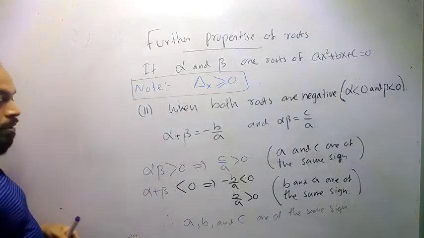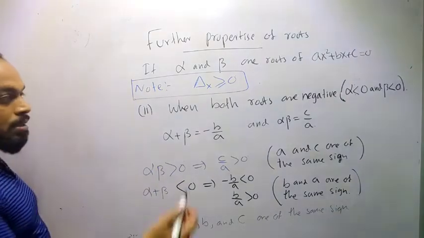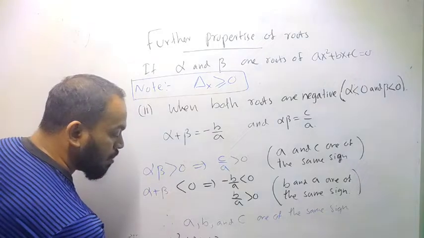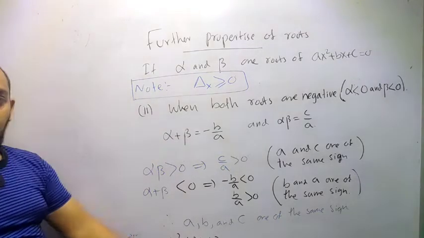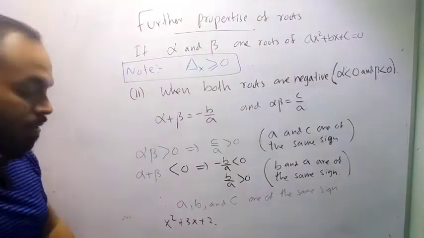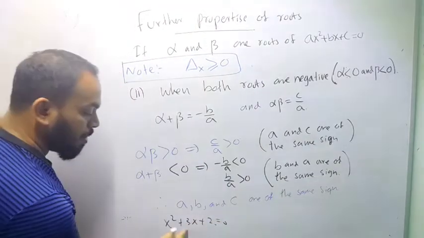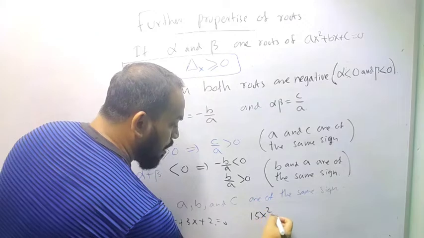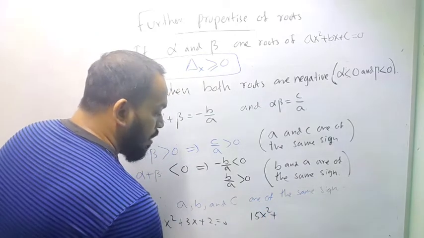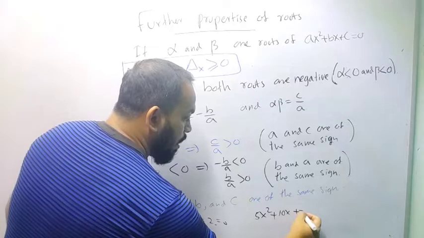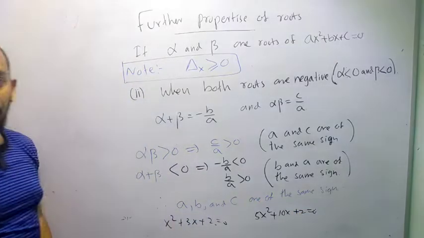For example, all of the same sign means, just like I showed you earlier, x squared plus 3x plus 2 equals 0. Positive, positive, positive. Another one, 15x squared plus 10x plus 2 equals 0. Again positive.